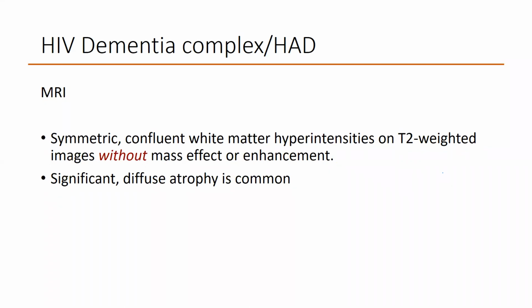IRIS, sir. Can you add something to the IRIS? Cryptococcal. Not cryptococcal. Cryptococcal does not cause confluent subcortical white matter hyperintensities. What I am saying is that the patient had white matter hyperintensities which were not contrast enhancing.